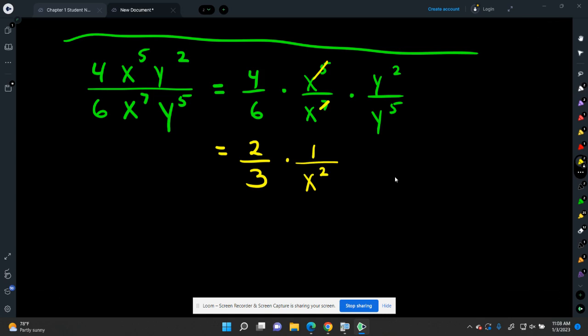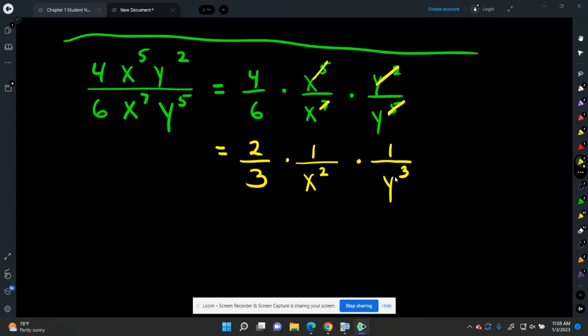Times, what happens with the y's? 2 of the y's cancel 2 from the bottom, leaving me with 3 on the bottom. Does everybody understand how we got that?